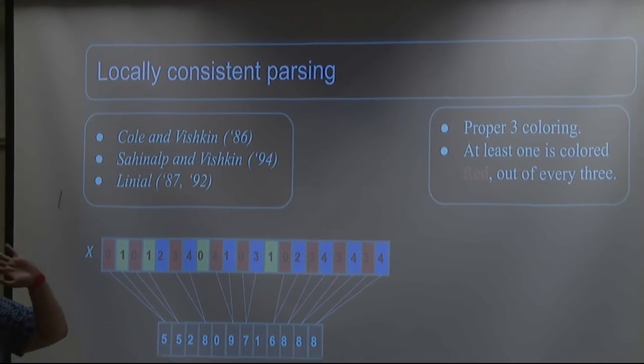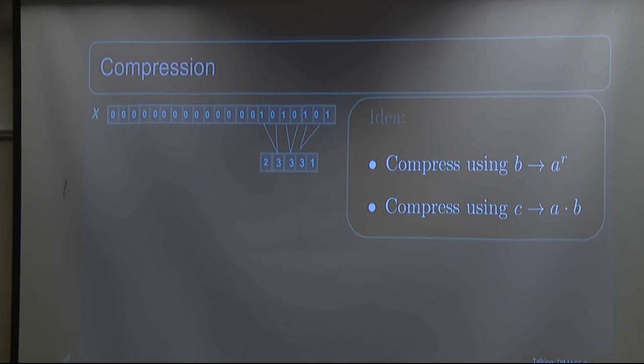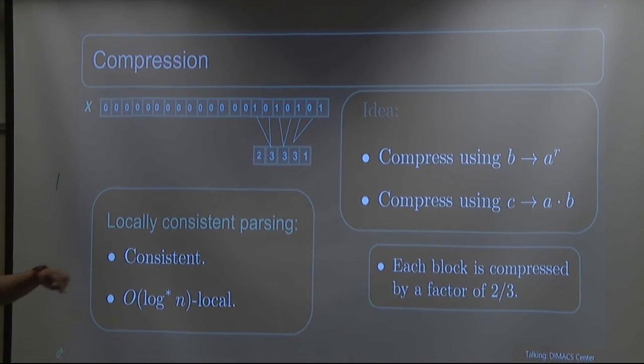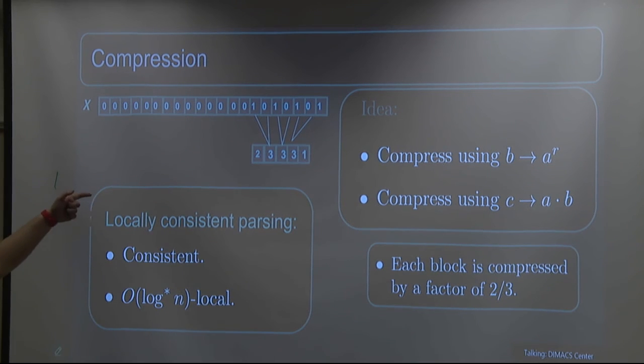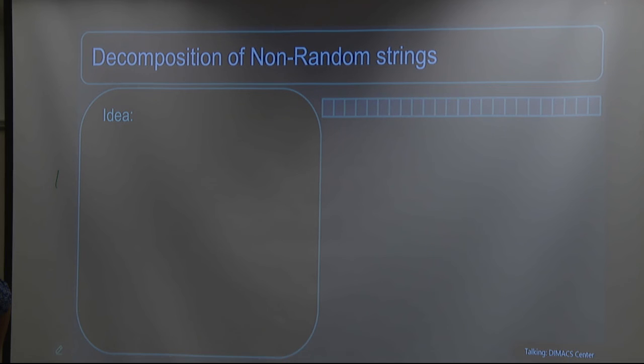We have the consistency property if we use this, and also the property that the compression will be by a factor of 2/3. So this is good, right? We know that we are compressing by a constant factor.